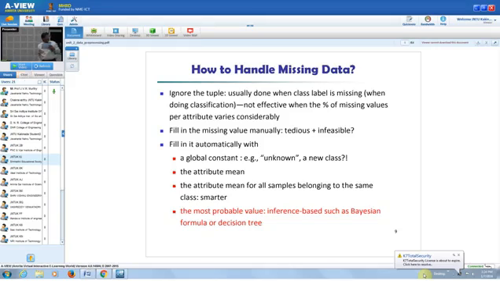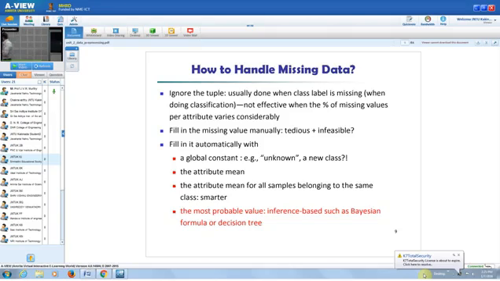When doing classification, if you ignore the tuple, the class label is missing. What is happening is you get proportionate data, right? Suppose you have 1000 tuples you want to use for classification, and you are analyzing them. Suppose 50 tuples have missing values, so you ignore those tuples.